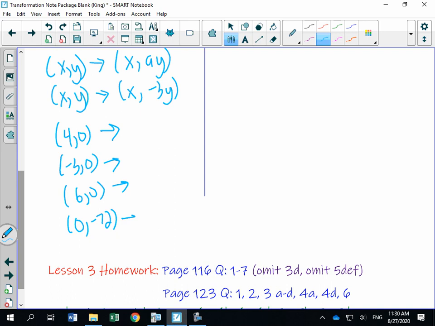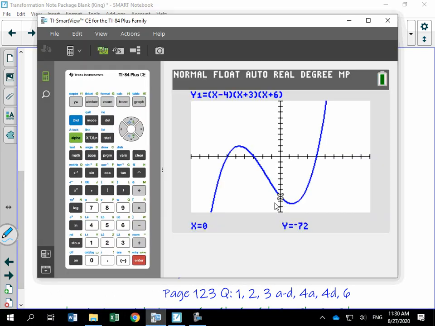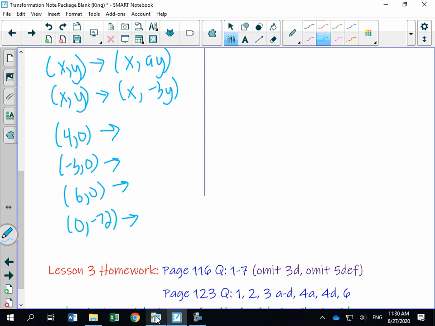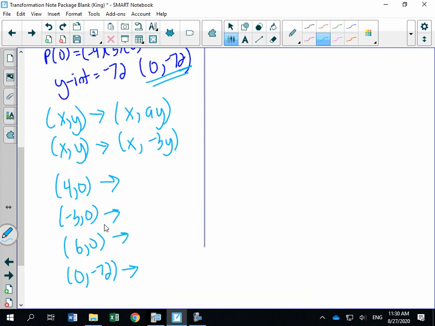Okay, so let's see what happens to this polynomial function. What would happen to the x-intercepts and the y-intercepts if it undergoes a vertical stretch and a vertical reflection? The x-coordinates stay the same, and the y-coordinates get multiplied by -3. So this becomes 4, 0, -3, 0, 6, 0.